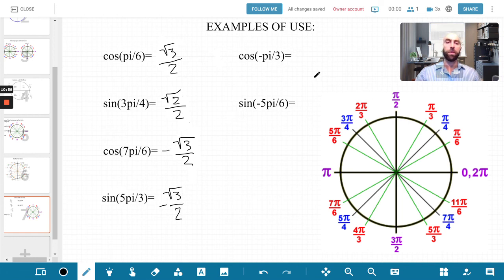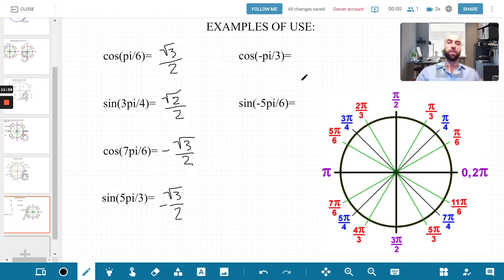Now this can be tricky. We can have negative values in radians. So if I said cosine of negative pi over 3, that would mean that we're going clockwise now. If the pi over 3 location is up here, the negative pi over 3 would be equivalent to the 5 pi over 3 location.